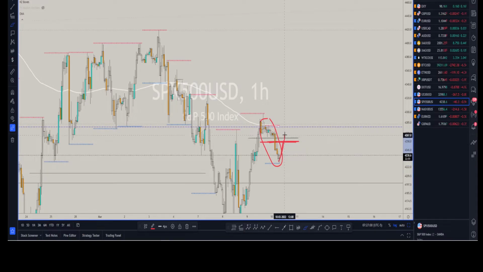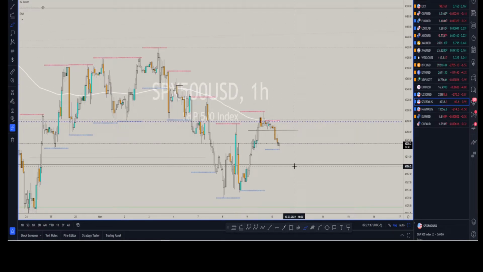When they're gonna have this pump, this is gonna go like this. See, because there's no fair value gap or nothing. The only scenario I see is this. And then pump back again. But beside that, I'm looking for this.